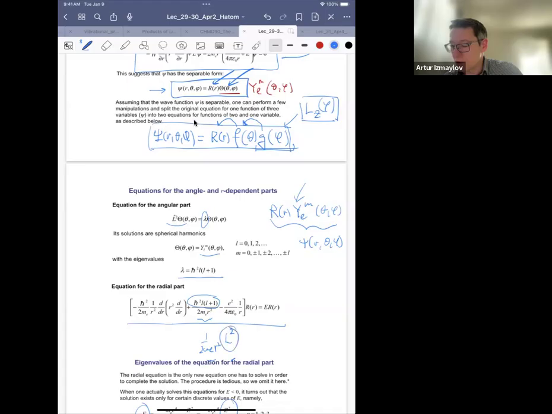So the L square turned into a number because we acted on the eigenstate of L square, and we got ourselves the equation for the radial part. As you could see, that equation will depend on what function we selected for this angular part, right? So that effectively defined our constant, that defined what large R of small r we will get as a solution.